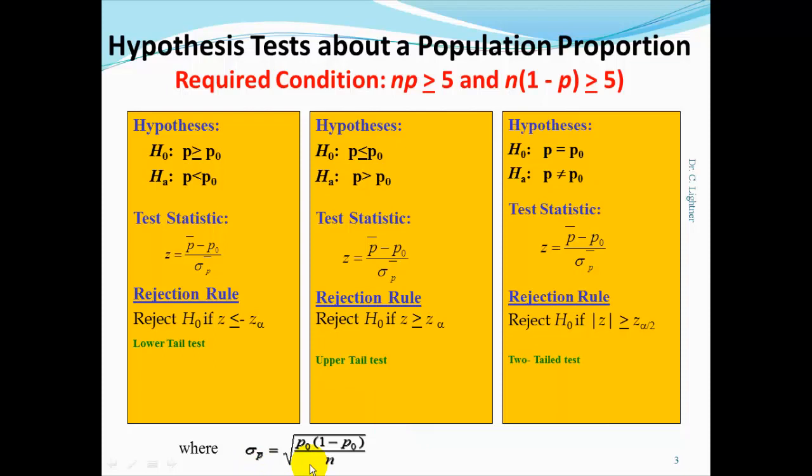Recall that our standard deviation of p-bar is equal to the square root of P times 1 minus P divided by N.